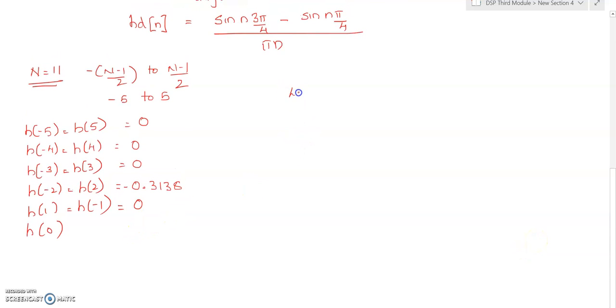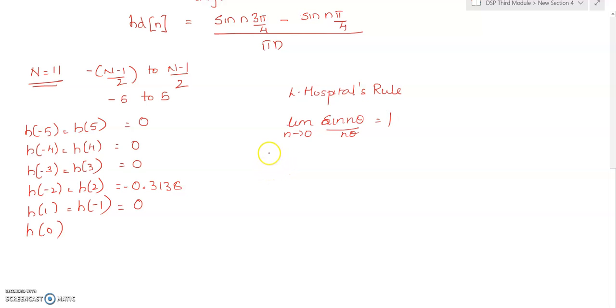So we are applying L'Hospital's rule. When we apply L'Hospital's rule out here, you can see that limit n tends to 0, sine n theta by n theta becomes equal to 1.